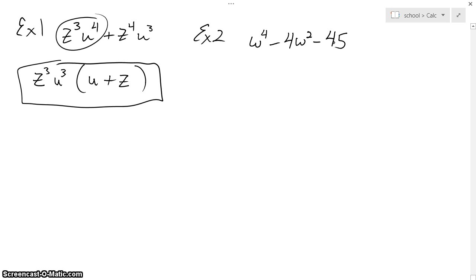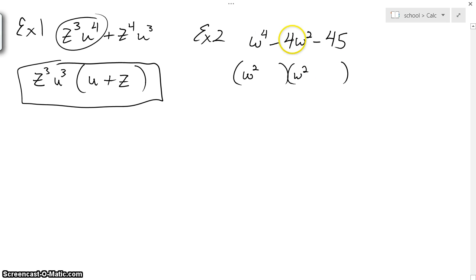Ask yourself if there's something we could divide out from all 3 terms. In this case, there isn't. What you will see very frequently with trinomials is we'll break that into a product of binomials. You could say, is there a way to multiply to w to the fourth? Well, we might notice that w squared times w squared would accomplish that.